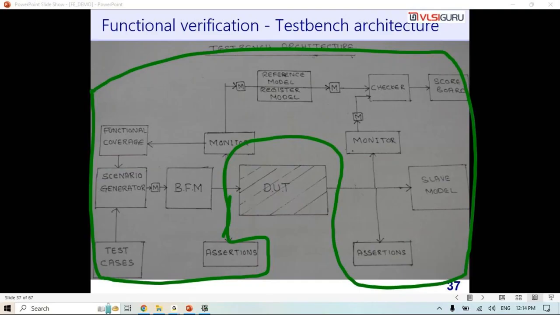Using that, I will check if there are any mistakes inside this code. If there are any mistakes, they will be caught at this level. There is a checker. Do you see the checker here? The checker is for checking purposes. The scoreboard is for keeping track of how many passes happened and how many failures happened.